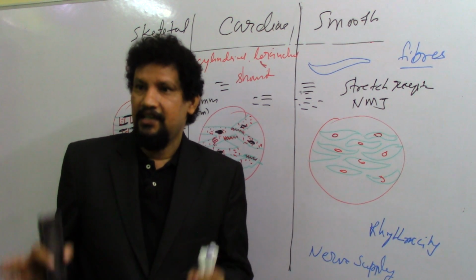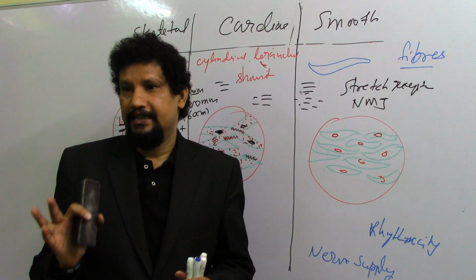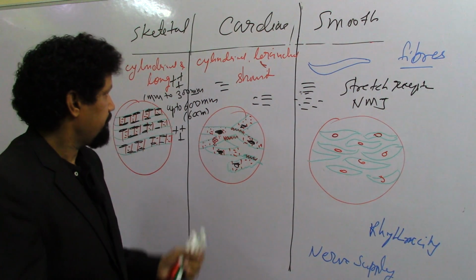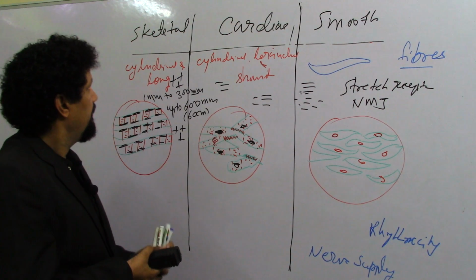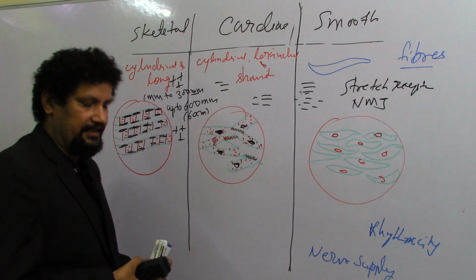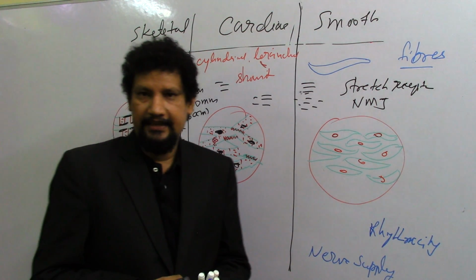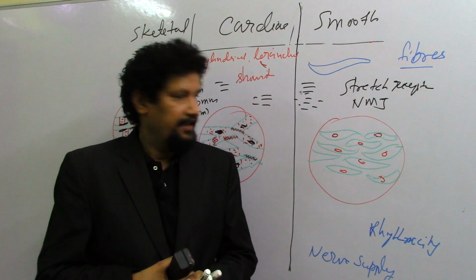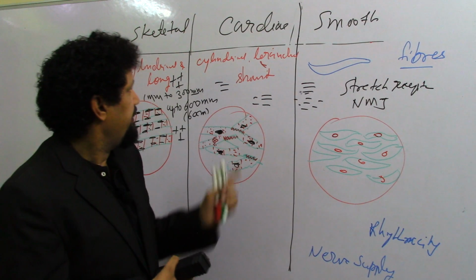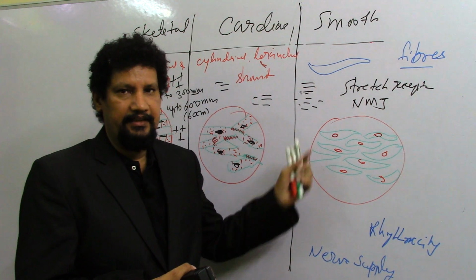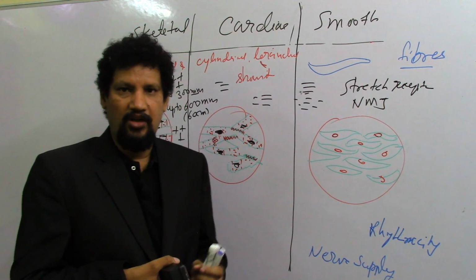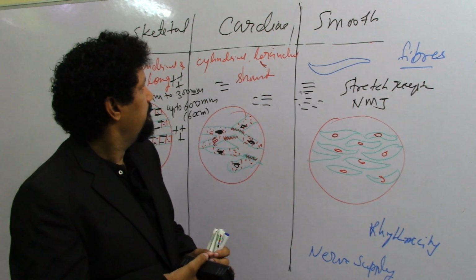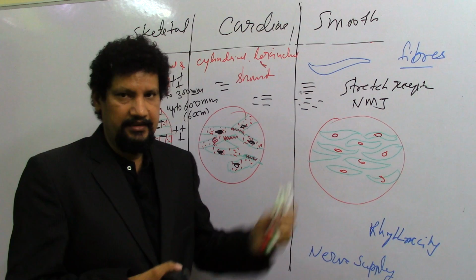In this lecture, I will talk about the skeletal muscles of the human body. So this lecture is for the skeletal muscles, and in detail of cardiac and smooth muscles there are separate lectures on their respective organs.